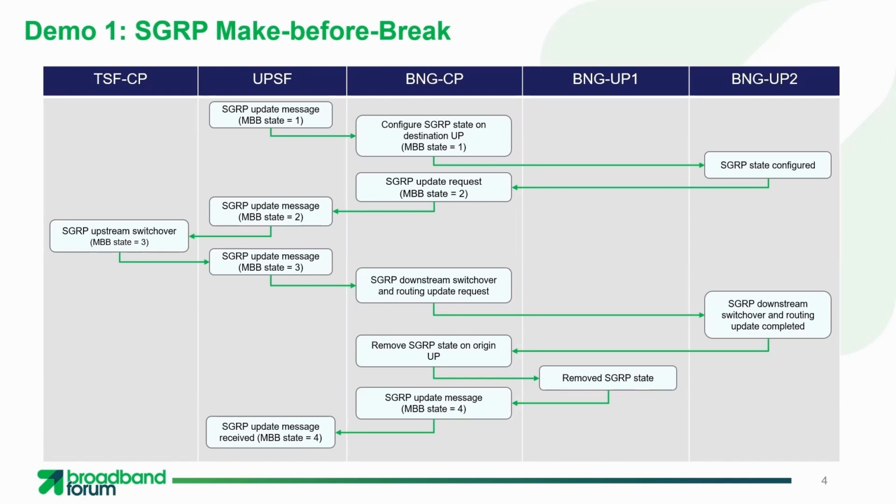Finally, UPSF sends the update message request to the BNG control plane, which switches the downstream path to the new BNG user plane. Also, the BNG control plane safely removes the subscriber group state from the original user plane and sends back the update message to UPSF.